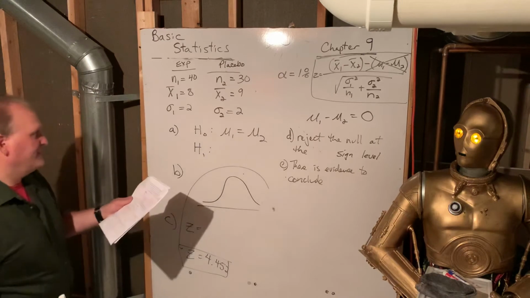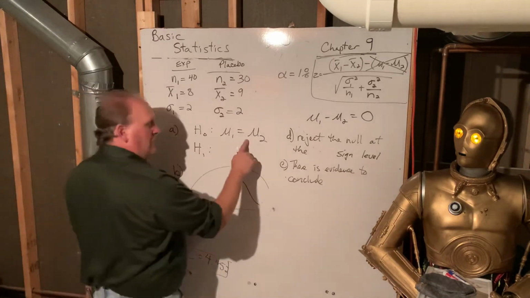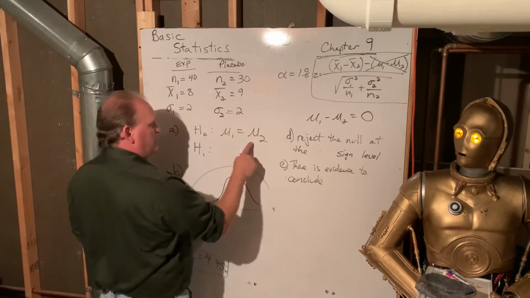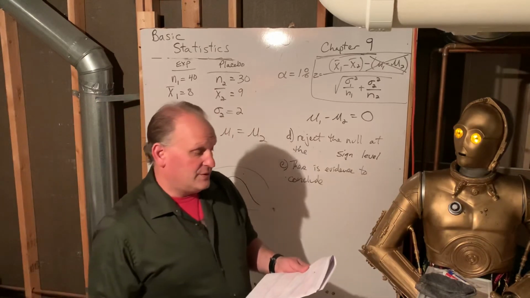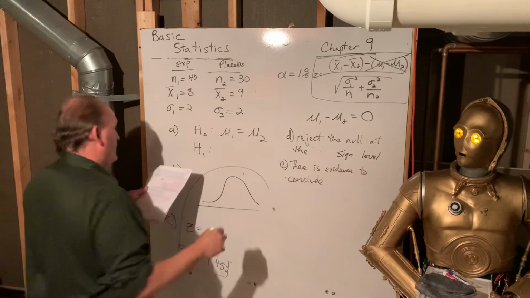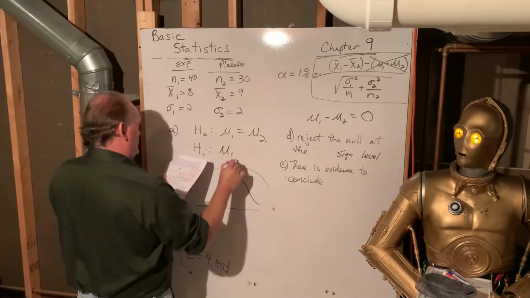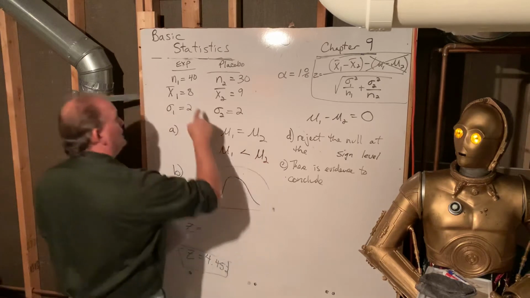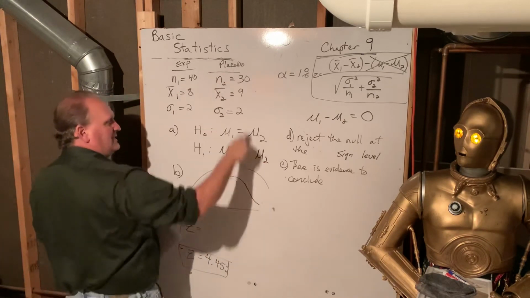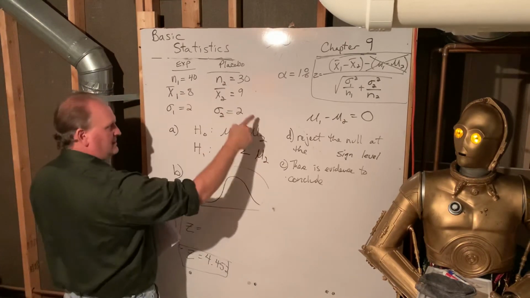All right. So null hypothesis: there is no difference in the population. It didn't reduce the time for recovery. And then the alternative is that it did reduce the time for recovery. So the experimental should be less than the placebo, fewer days, 8 compared to 9.